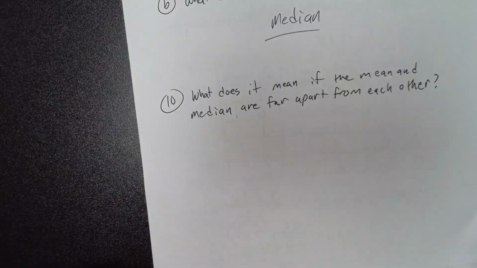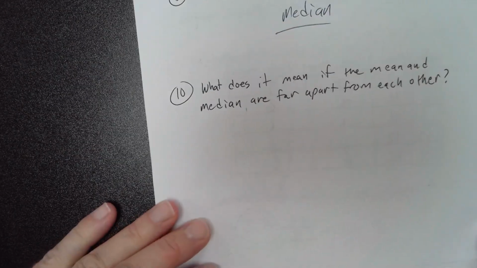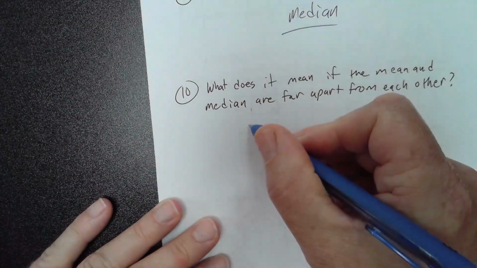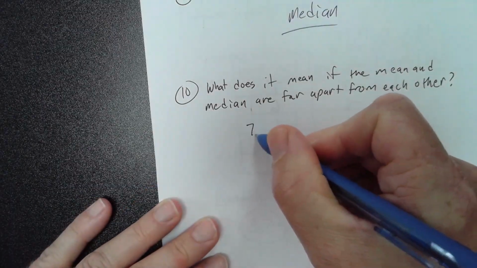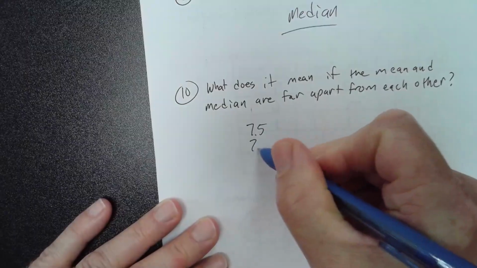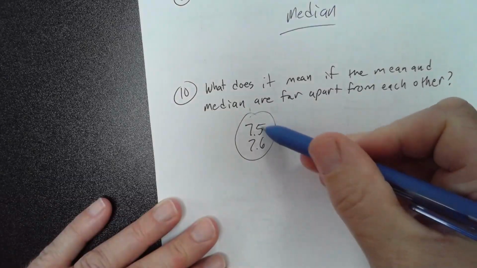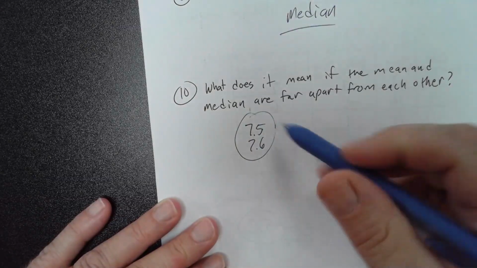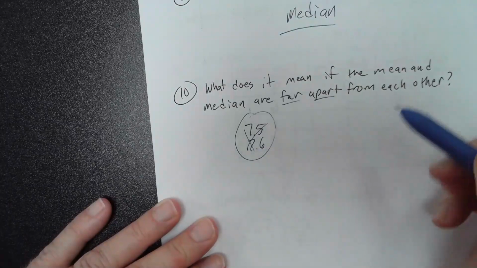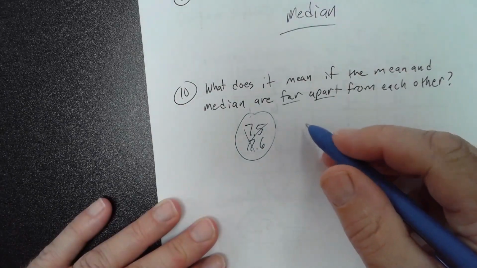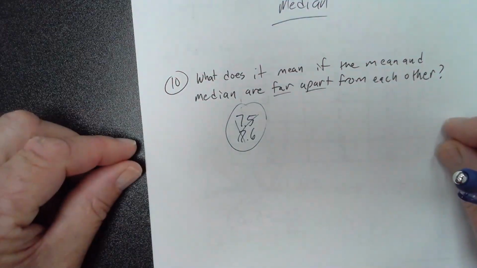Okay, what does it mean if the mean and the median are far apart from each other? One of the questions we did the other day had an average of 7.6 and the other was 7.5, so the two numbers were really close together. Well, if they're far apart from each other, that means that the data is really spread out.